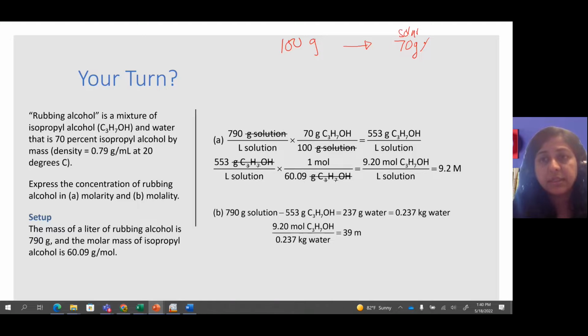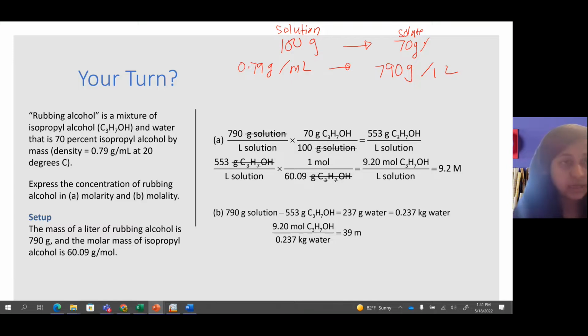This is the solute, this is the solution. Again, the density is 0.79 grams per milliliter. Then per 1 liter, how much is that? You need to multiply that by 1000, so it will be 790 grams.